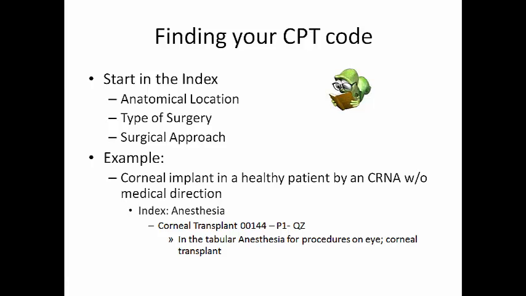You can pause this at any time to look it up, following the flow of looking in the index and then going to the tabular. If you go to anesthesia in the index and find corneal transplant, you'll come to code 00144. Of course you want to look it up in the tabular section, and you'll see that it fits, and then P1 for a healthy patient.